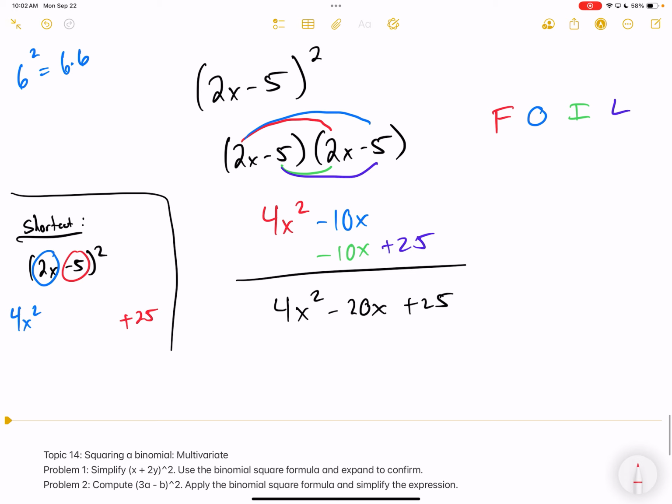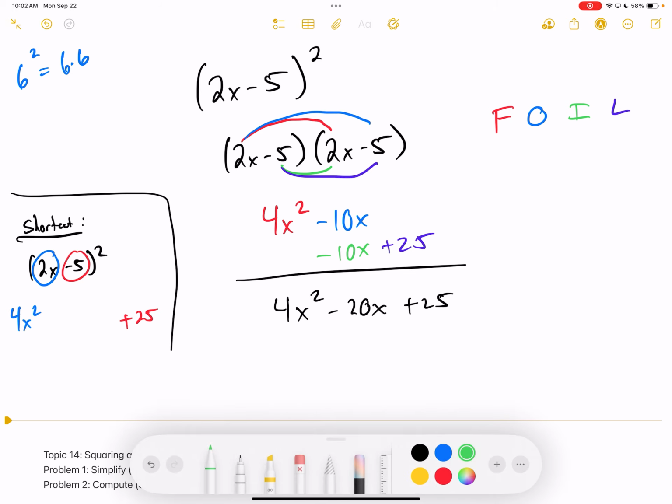The middle one is what's hard here because what you do is you multiply those. You do 2x times negative 5, and then you double it. So it's actually 20x, and since the sign's a negative, that's a negative.